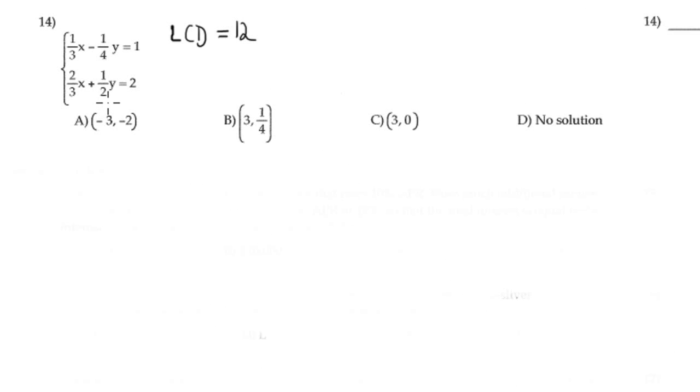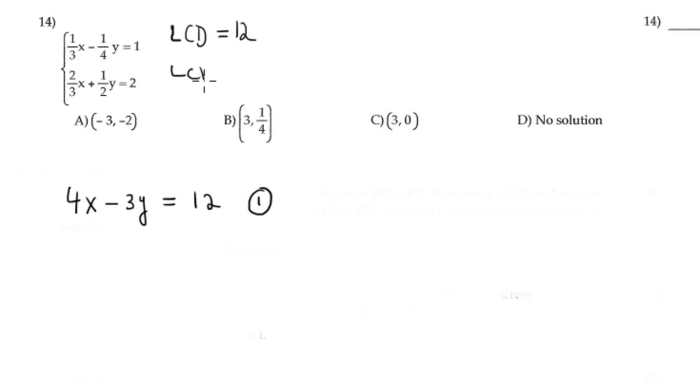When you multiply the entire equation number 1 by 12, 12 divided by 3 is 4, so 4x. 12 multiplied by 1/4, it's the same as 12 divided by 4, is 3, minus 3y is equal to 12. And this is the new equation number 1, without fractions.